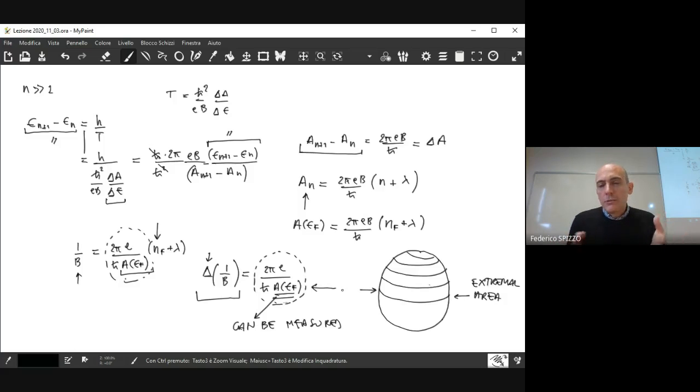So you need to have some hints concerning the shape of the surface before going to the lab and making the experiment. But due to the fact that at the end you have just a measure of the area, you have not a size, you have not a length, you have just an area.